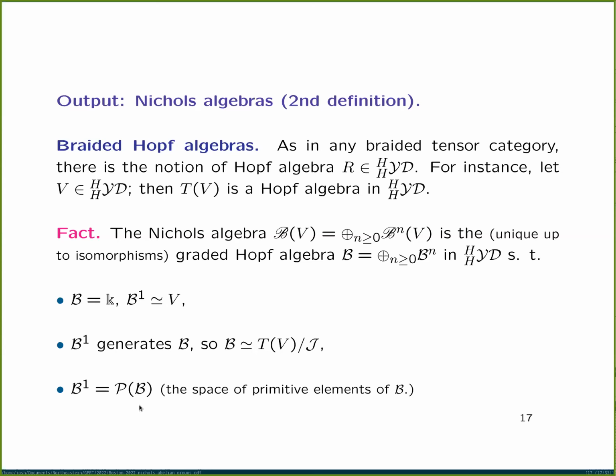So the main philosophy behind that is the following. You want to know Nichols algebras for, say, Yetter-Drinfeld modules over finite abelian groups, for any finite abelian group. Say you want to know that. But what we understood is that we do not need to do it for all groups, because you would be doing the same job several times.